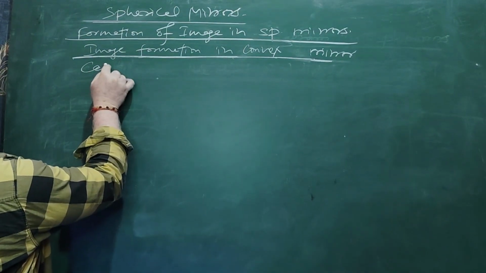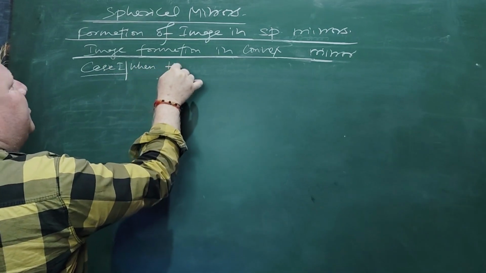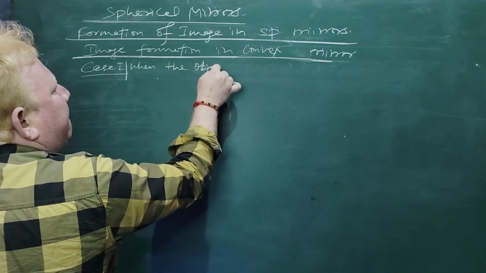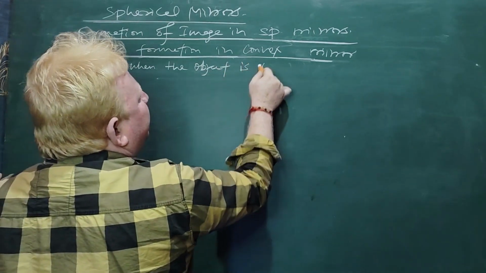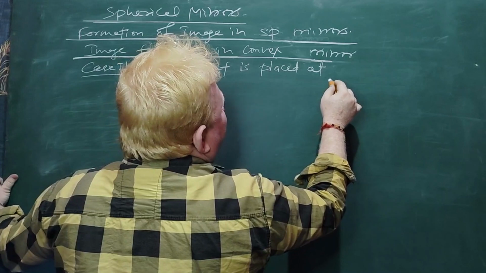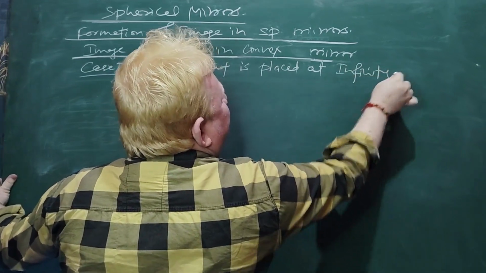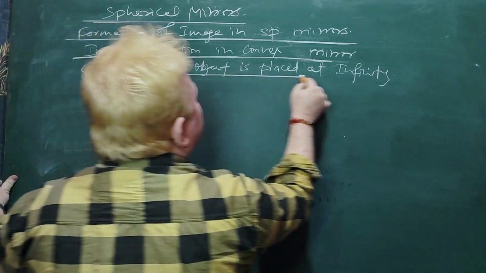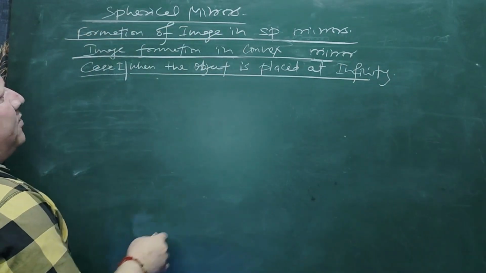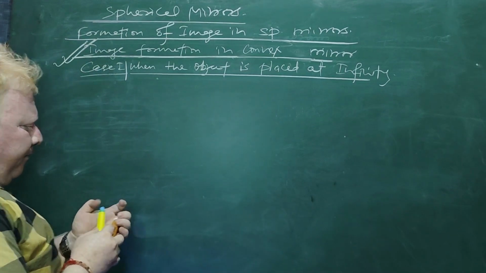So case 1 we are discussing. Case 1 first, when the object is placed at infinity. So this is case number 1. Of course, in convex mirror I am talking about, okay.